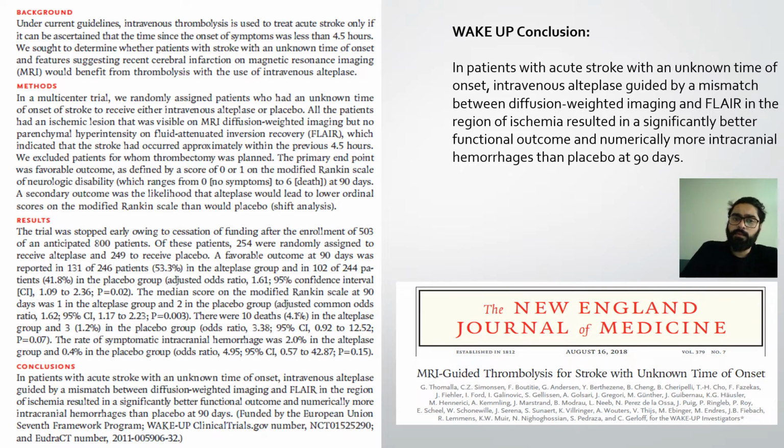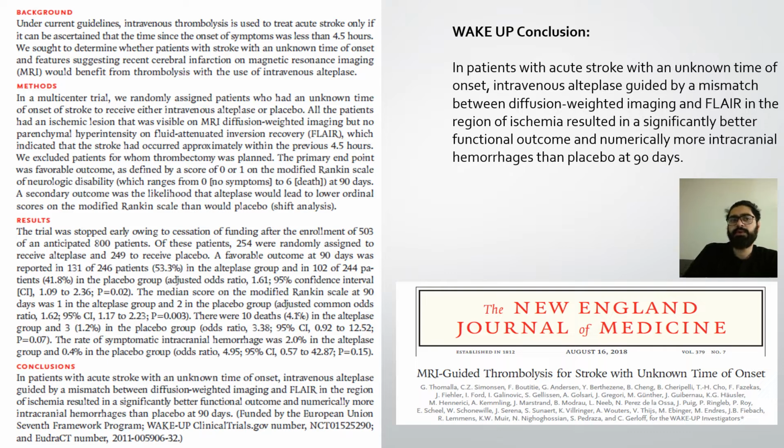So what is the FLAIR and diffusion weighted imaging mismatch? The mismatch is defined as when you have restricted diffusion on the DWI sequence, but you're not getting changes on the FLAIR sequence.